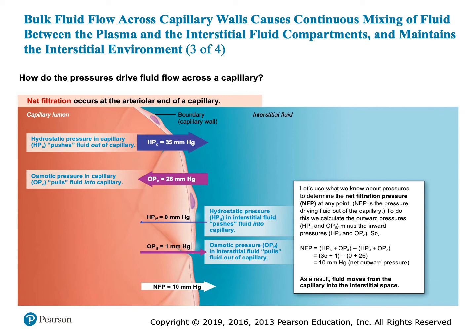So if we've got 35 pounding on the capillary wall, 26 pushing in, we could even do it in a different way. We could say 35 minus 26 is going to be 9. So we've got 9 pounding on this.